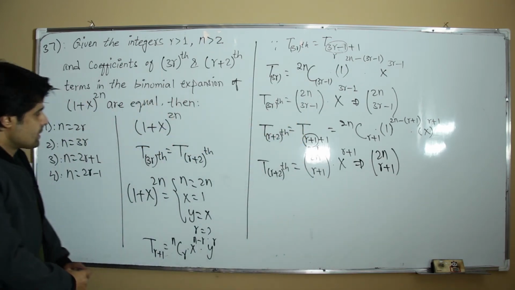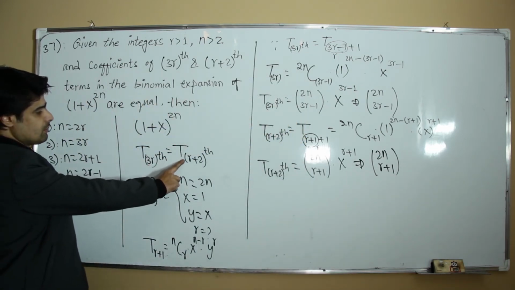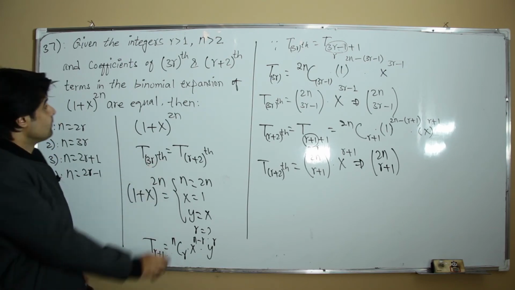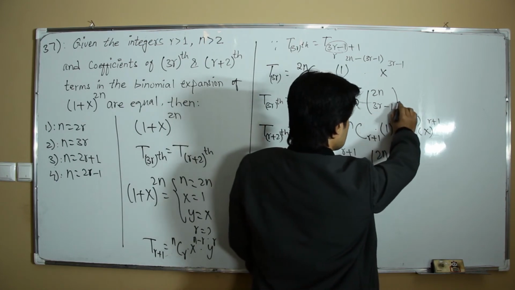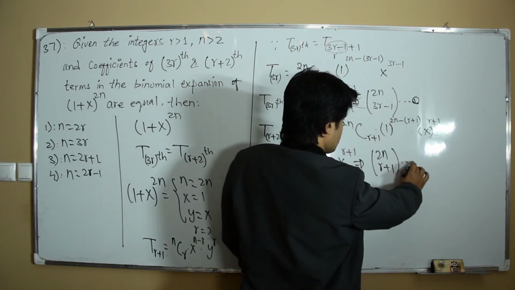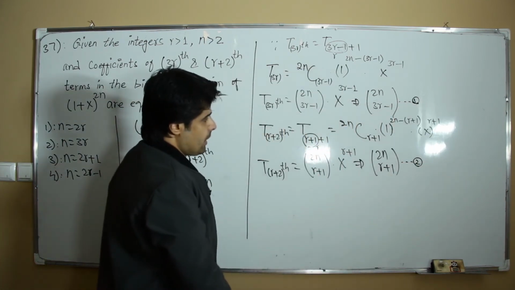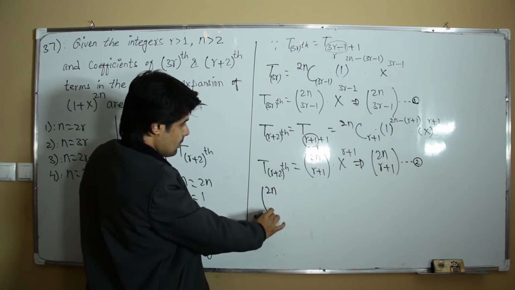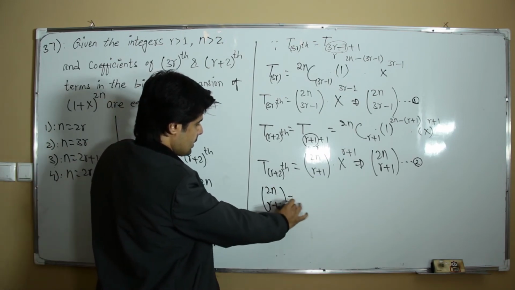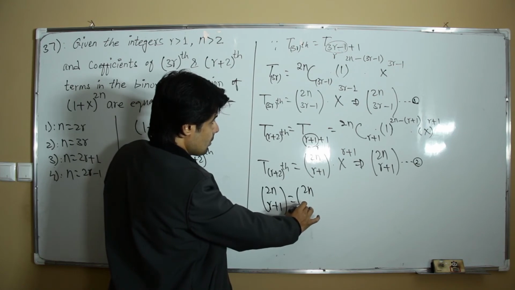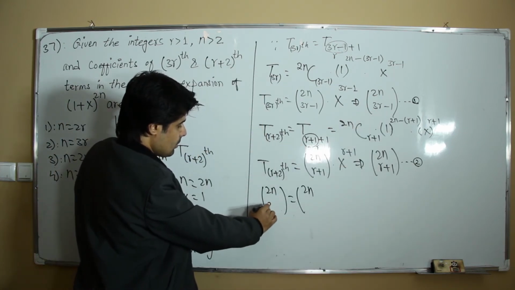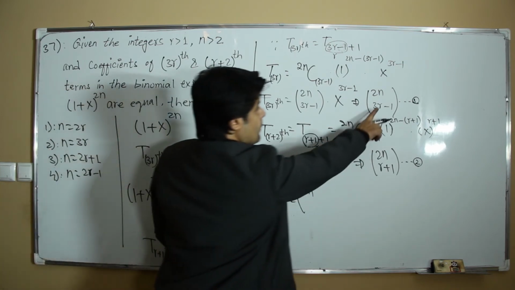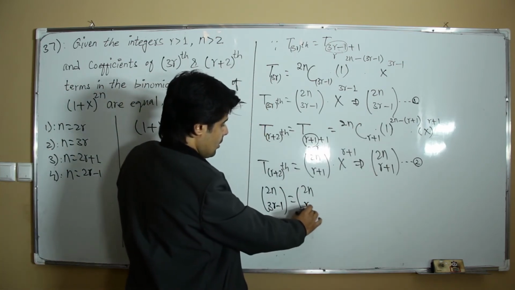Now the question is, this term with this term, the coefficients are equal. I mean this one with this one, they should be equal. 2n C r plus 1 is equal to 2n C 3r minus 1. I'm sorry, 3r minus 1 is equal with this one, 2n C r plus 1.